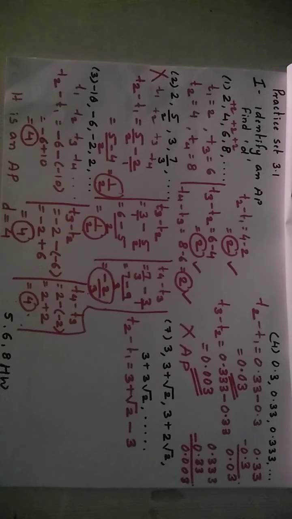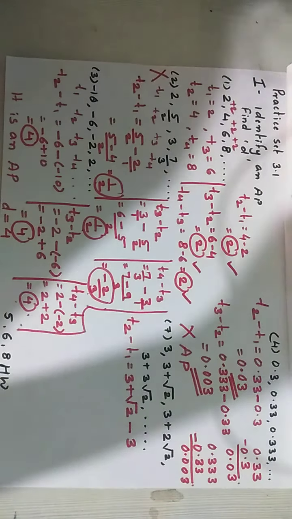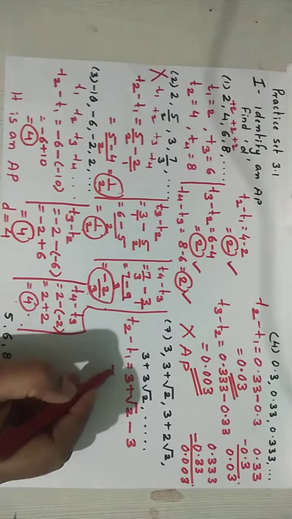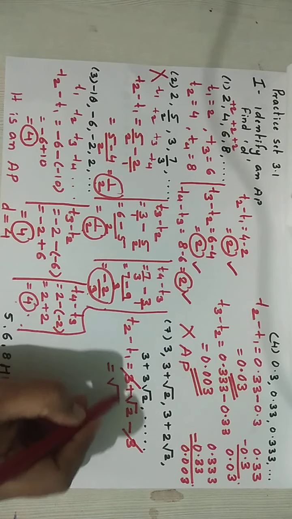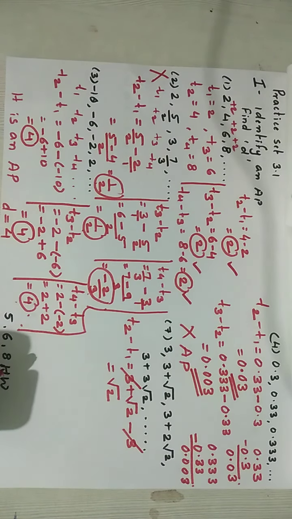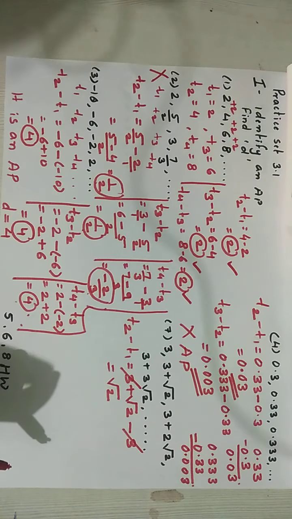So this will be 3 minus 3 cancel. Answer will be root 2. I hope now the screen is visible, children. Sorry for the less light.